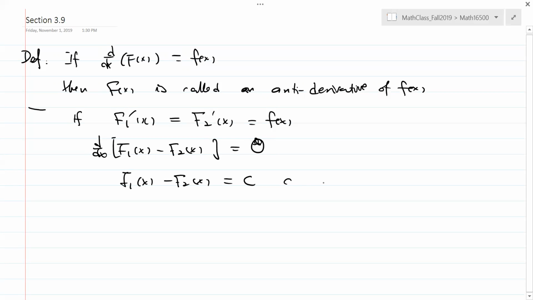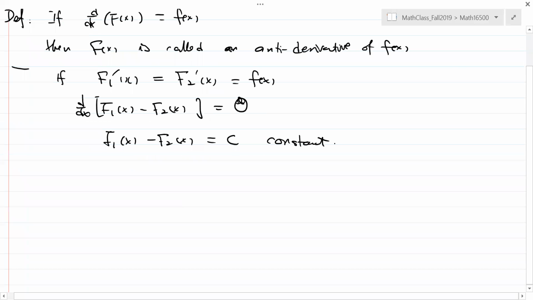Okay. So that means for a given function little f of x, if we find one antiderivative, you can get all of them, just add a constant. They differ by a constant, so there's no need to list all of them.